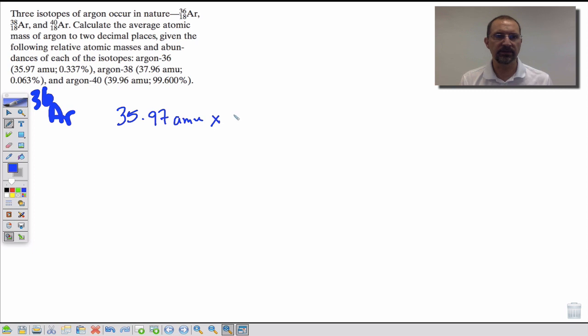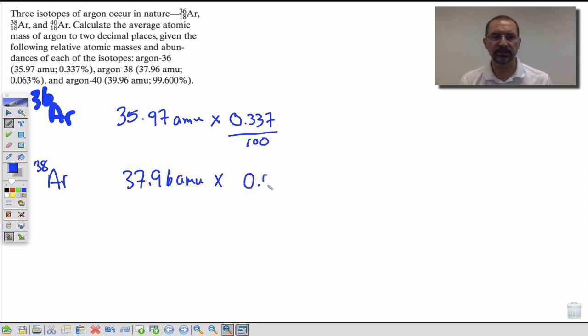So I'm going to put that over 100. And then we have argon 38, which has a mass of 37.96 AMU and an abundance of 0.063, so 0.063 divided by 100.